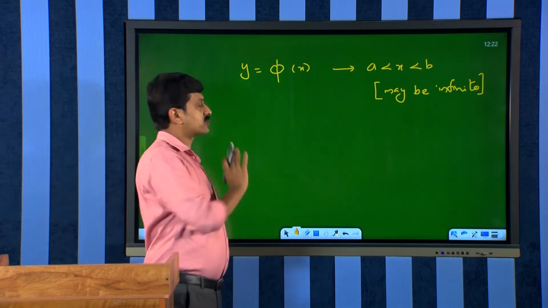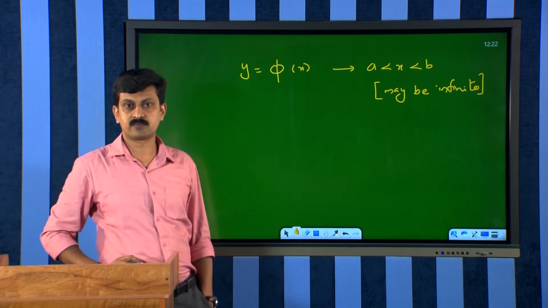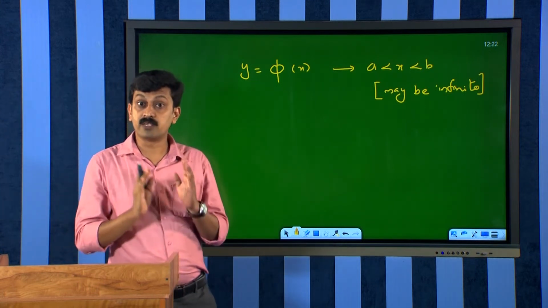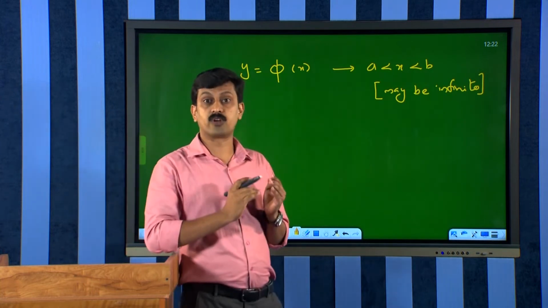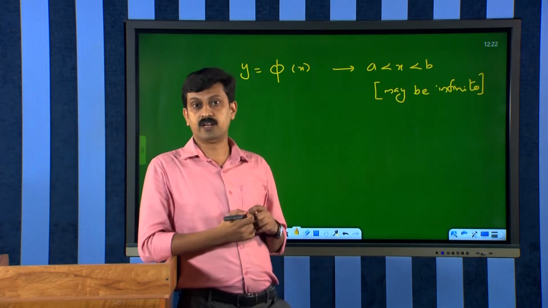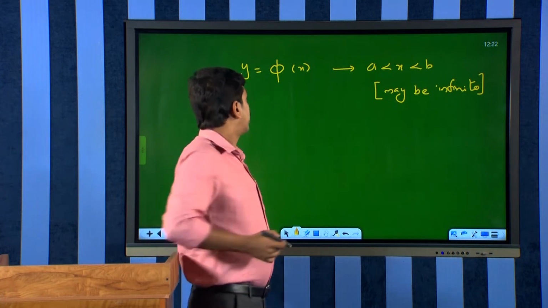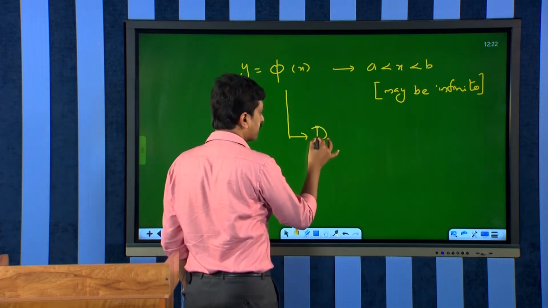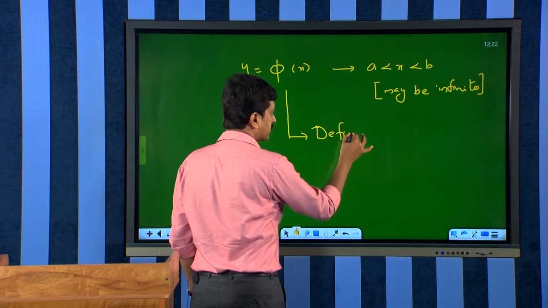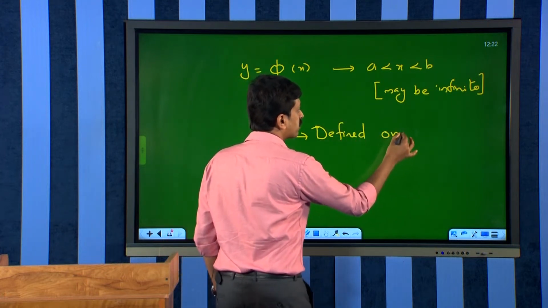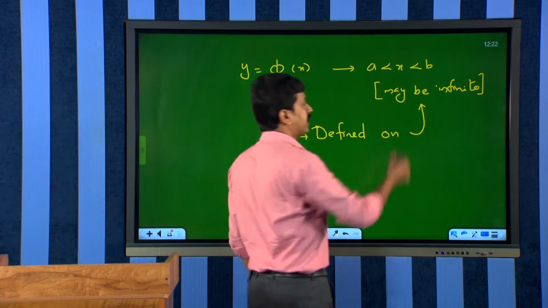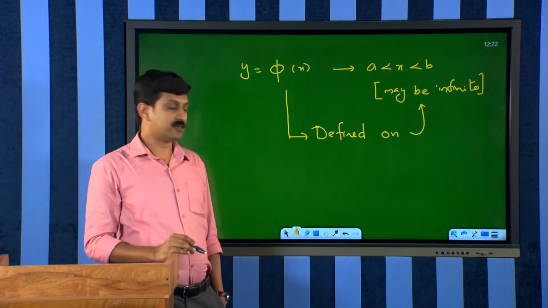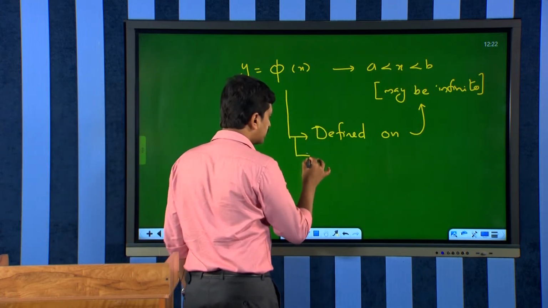So, where the function is defined, we check whether phi of x is a solution of the second order linear differential equation. Definitely this function will be defined on the interval a less than x less than b and twice differentiable.